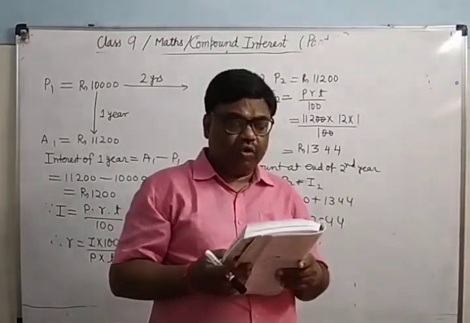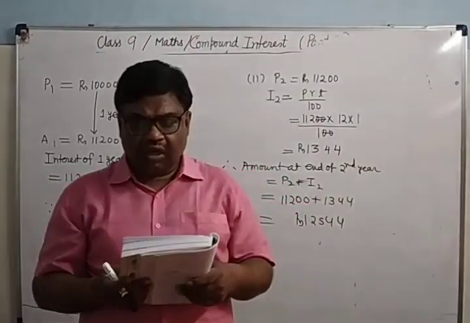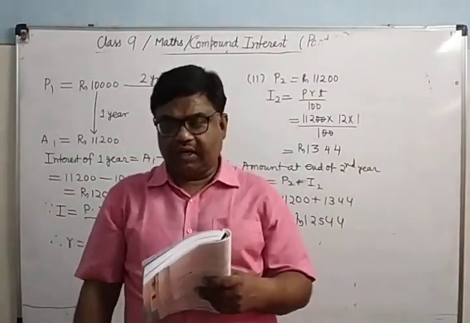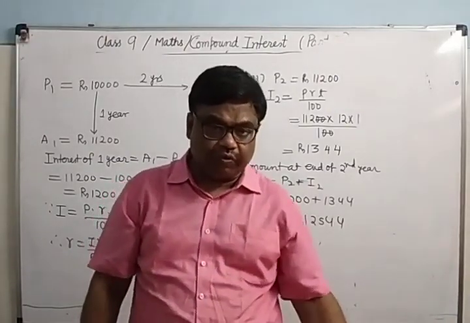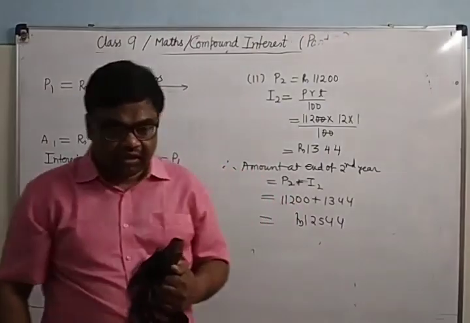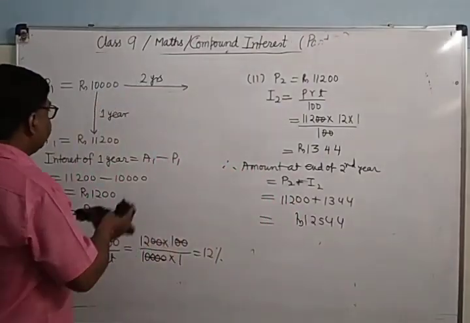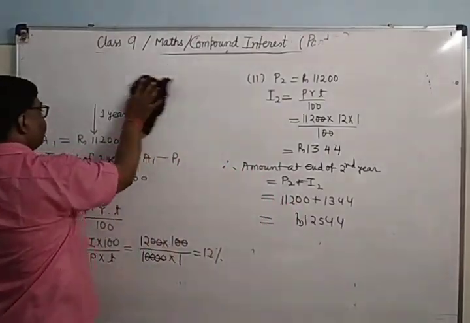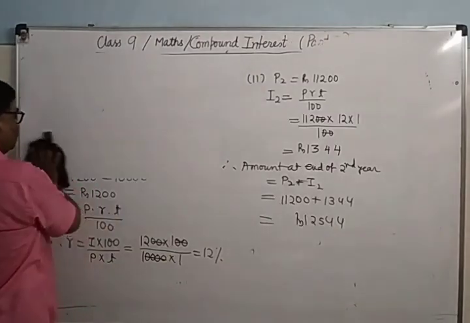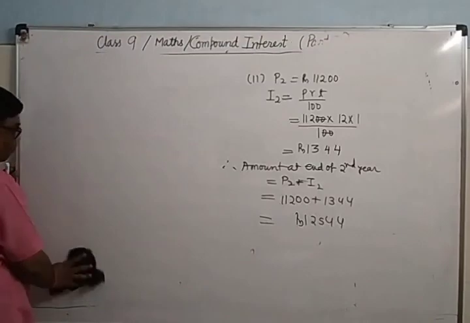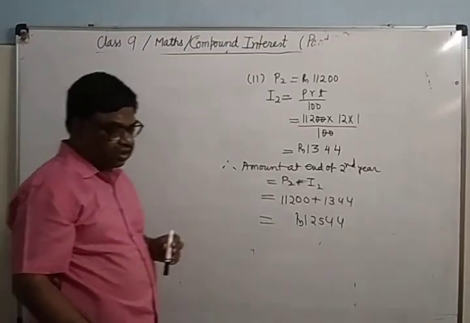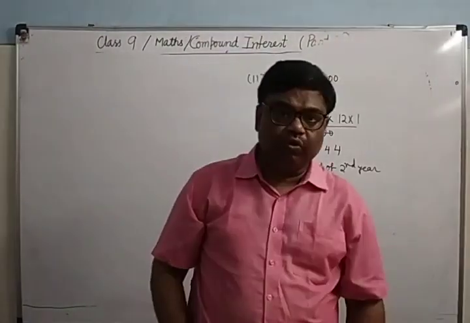Now find the amount and compound interest on 2000 at 10% per annum for 2 whole 1/2 years compounded annually. This question is also same as this, only the difference is time is given 2 whole 1/2 years. It's clear? So how will you do?